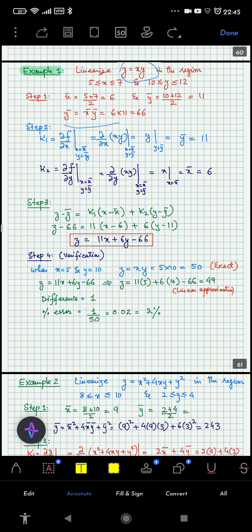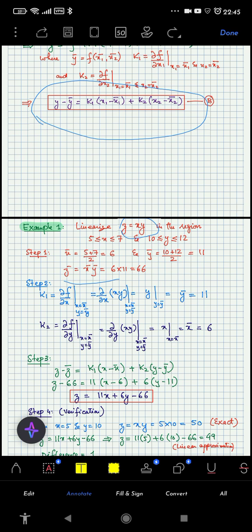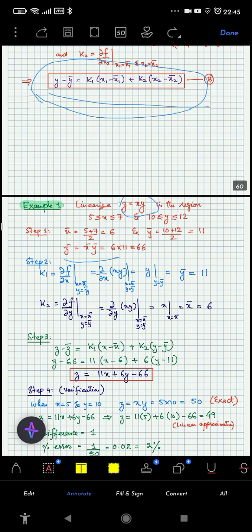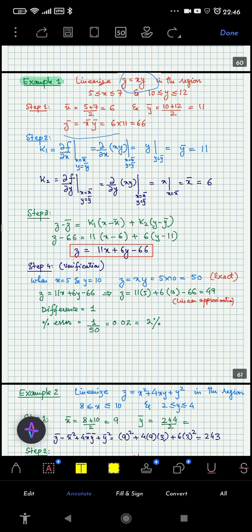In step 3, we use our main equation: z minus z bar is equal to k1 times x minus x bar plus k2 times y minus y bar.